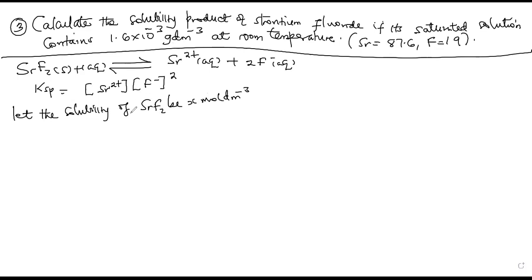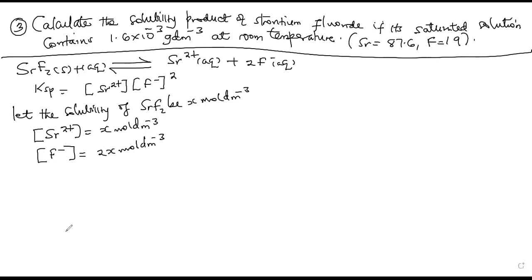If the solubility of strontium fluoride is X, it means that the concentration of strontium ion is X from the mole ratio, and the concentration of fluoride ion will be, because of this two, twice X moles per decimeter cubed.